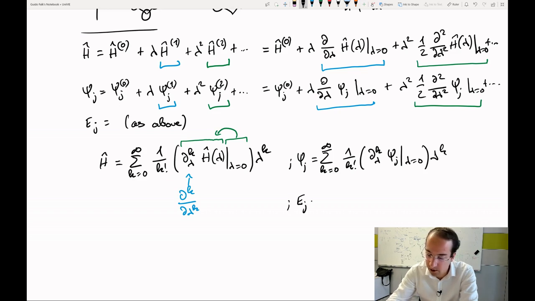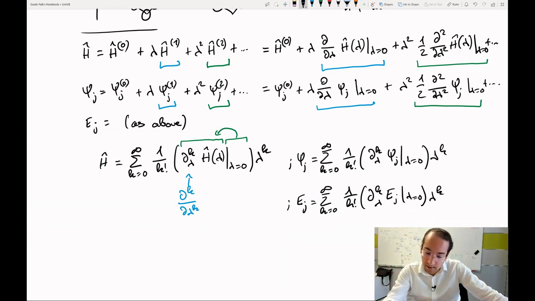And correspondingly, you have the eigenvalues, which are done the same. So 1 over k factorial times the kth derivative of the energy of j at lambda equals 0 times lambda to the k.